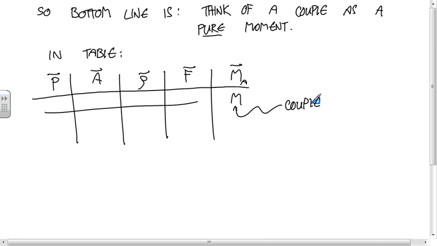I think most of the time it's fine with me if you just write it this way, but you should keep in mind that it is a Z component. The only reason I'm doing that in some examples right now is to keep reminding you that it's really a Z component of a vector. But you could write it this way or 0, 0, M.